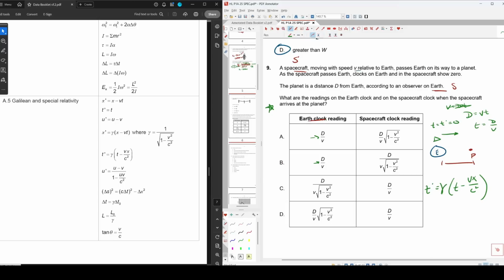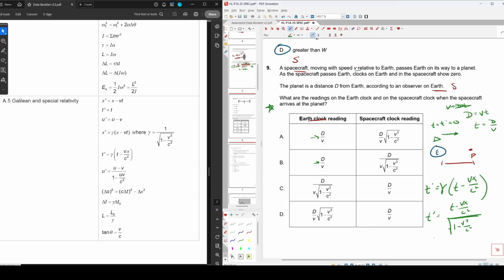I want to see which of these works. The Lorentz factor is all this junk, so t prime is going to be (t minus vx over c squared) over the square root of 1 minus v squared over c squared. That's on the bottom. I'm already thinking, well, maybe not.